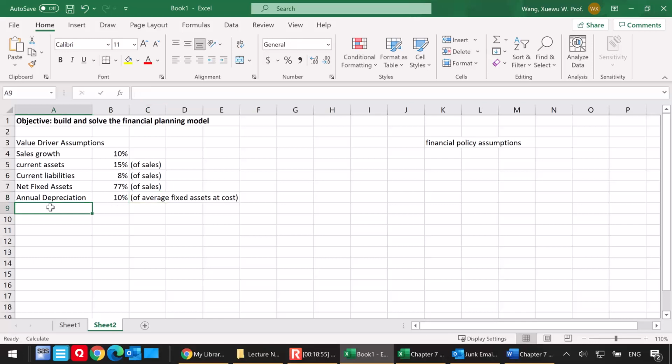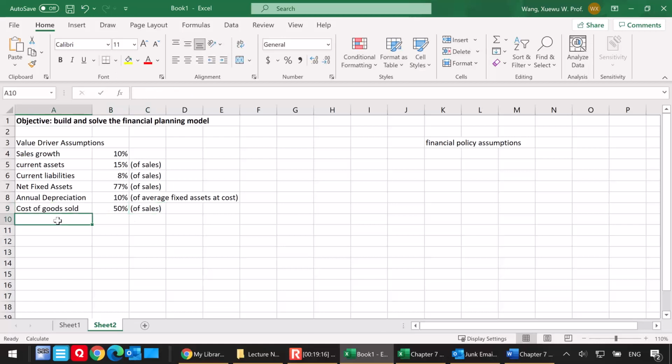We get the annual depreciation for this year. And then we have the cost of goods sold. We just assume that's going to be 50% of sales. So 50% of sales here again.